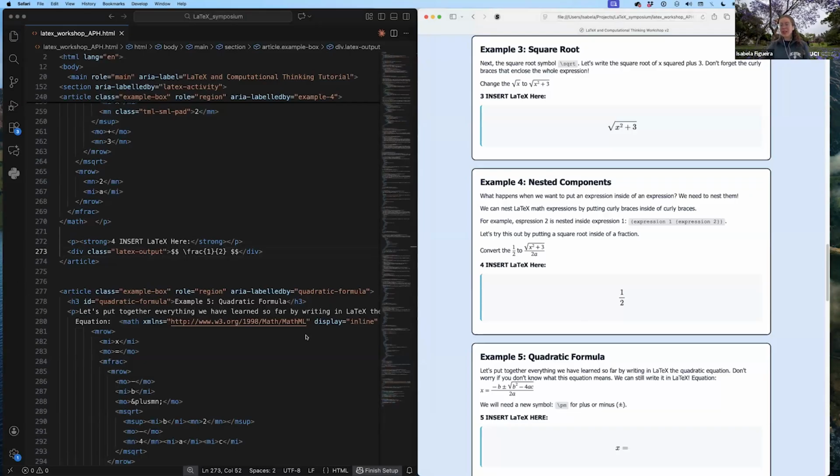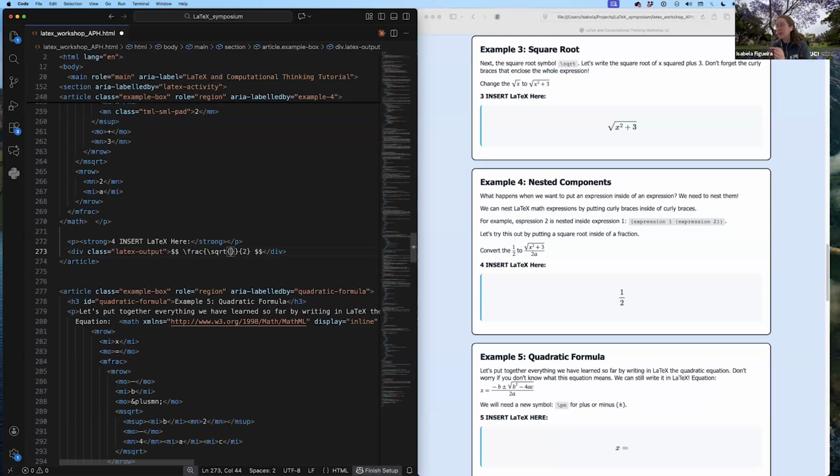All right, it's been a minute. I'm going to write the equation for you all. On line 273, I'm going to replace the 1 in the numerator, inside the curly braces, and I'm going to write backslash sqrt, left brace, and then my code editor automatically put a right brace.